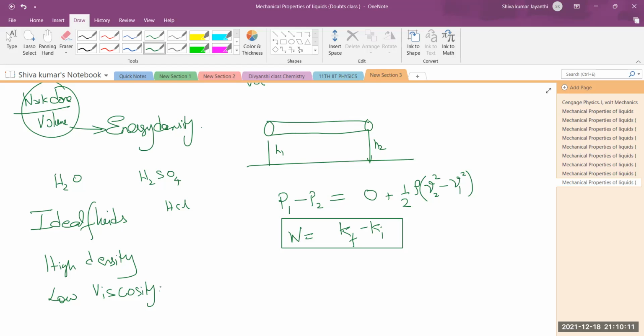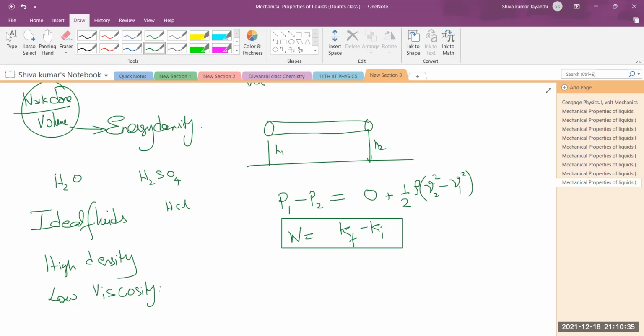Three reasons make mercury the best fluid for considering as an ideal fluid. First is high density, 13.6; low viscosity, no viscous drag at all; and high surface tension. These three reasons are responsible for making it an ideal fluid.